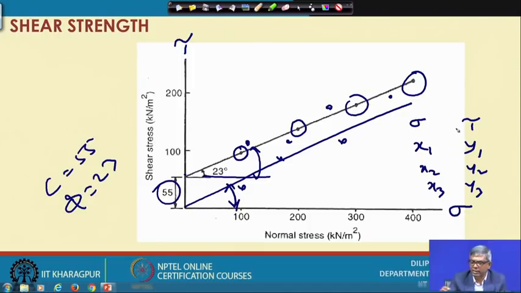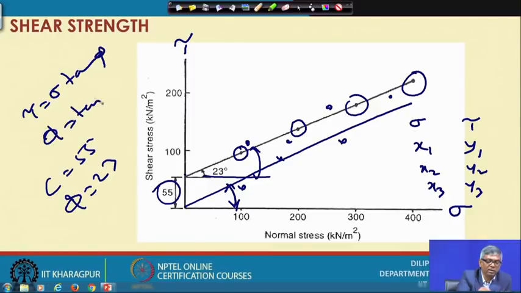For a cohesionless soil, tau equal to sigma tan phi, or phi equal to tan inverse tau by sigma.